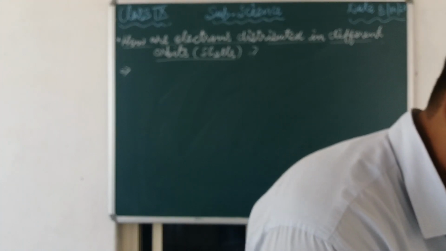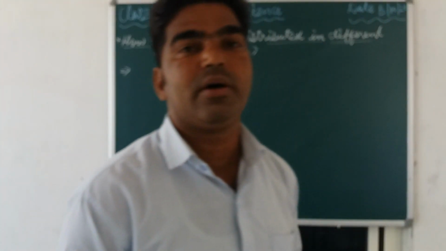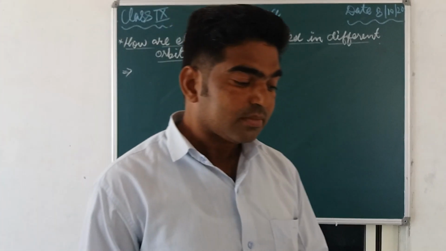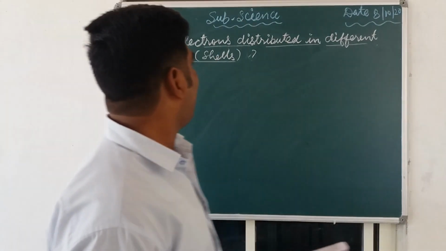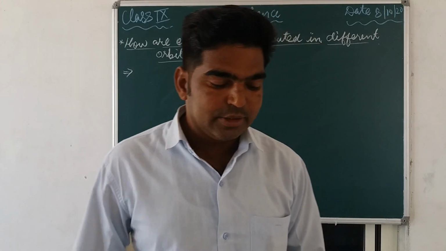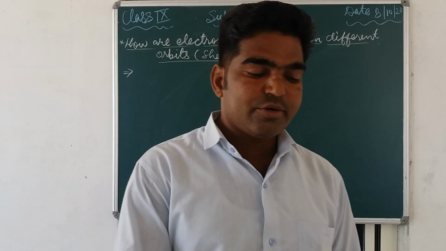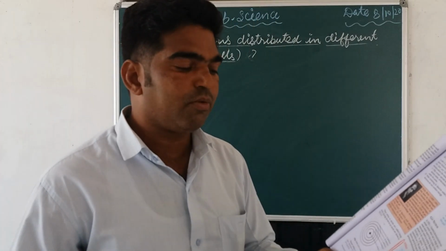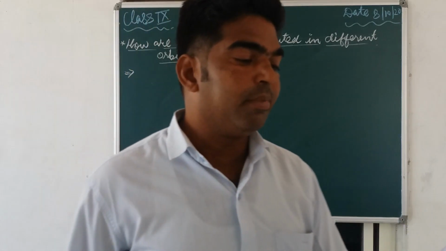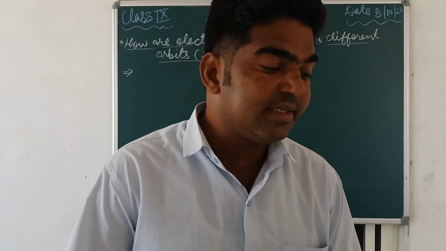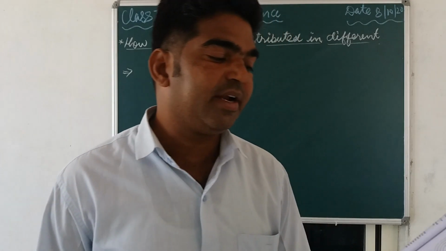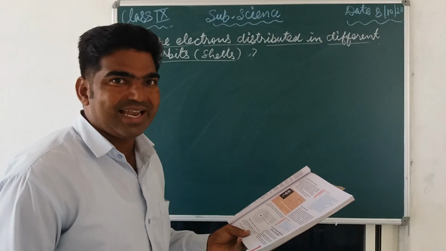You can see page number 49 of our textbook. How are the electrons distributed in different orbits or cells? The distribution of electrons into the different orbits of atoms was suggested by Bohr and Bury. The following rules are followed for writing the number of electrons in the different energy levels or cells.